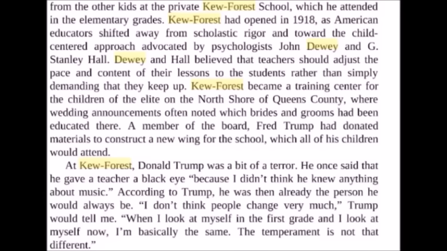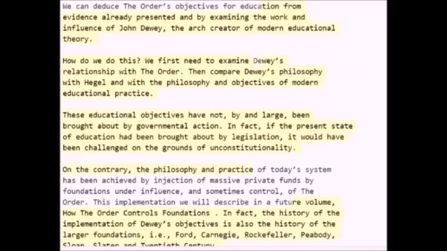Now, Q schools had their roots in secret societies, and they were fashioned after Marxists, Wilhelm Wundt, John Dewey, which supposedly is a different Dewey than the Thomas Dewey that we mentioned earlier, G. Stanley Hall, and Hegelian ideologies.